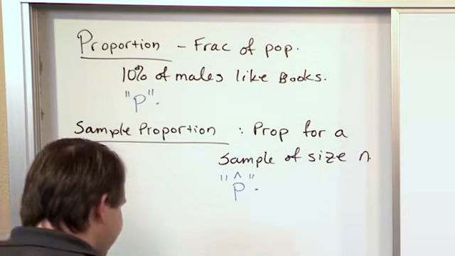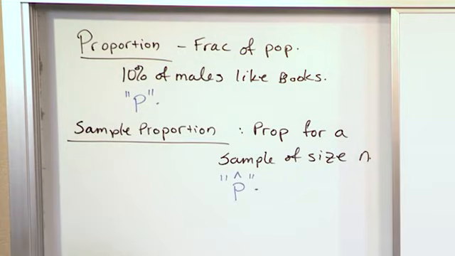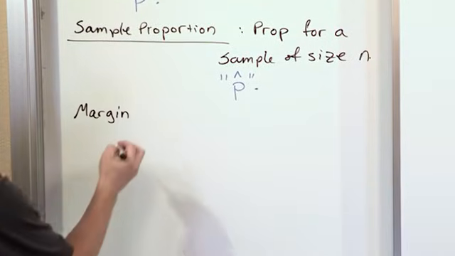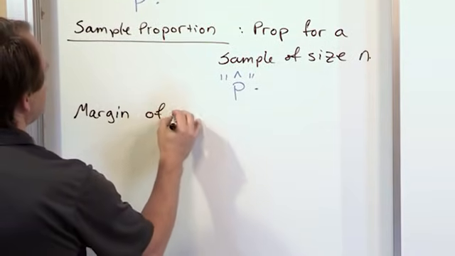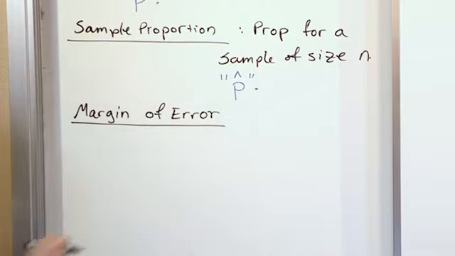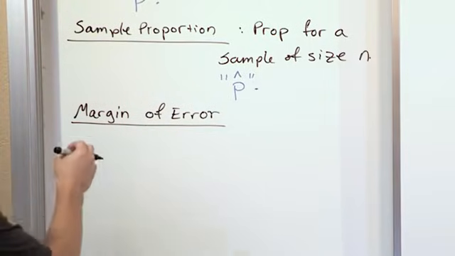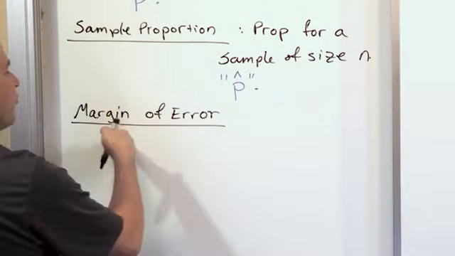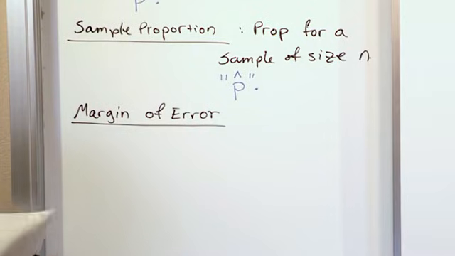Now, just like before, we have a margin of error, like we always have, and the margin of error really plays exactly the same role as it's done in all of the problems that we've done so far. If you remember before when we did the previous confidence intervals, I gave you an equation for the margin of error for the mean. So we look at our sample mean and we add a margin of error and we subtract a margin of error. Same exact concept is going to be here.